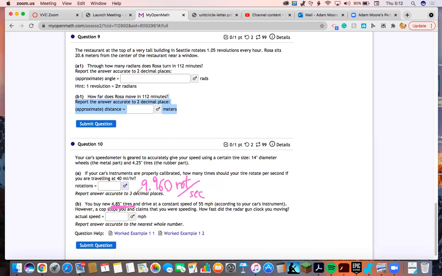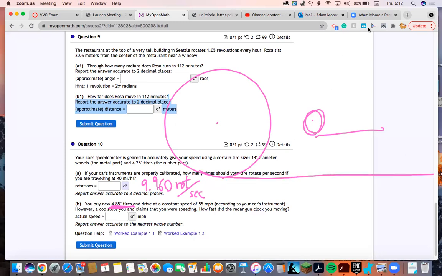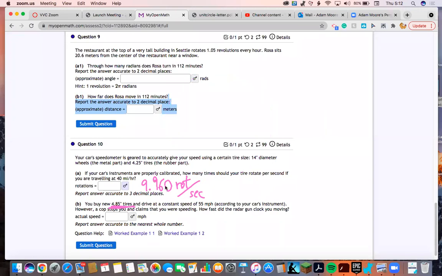Imagine if this tire moves once around, it goes a little bit far. But if the bigger tire moves once around, it's going way far down the road. So with bigger tires, it's going further than you think it is in the same amount of time, which means you're going faster. And this is the situation they're describing.